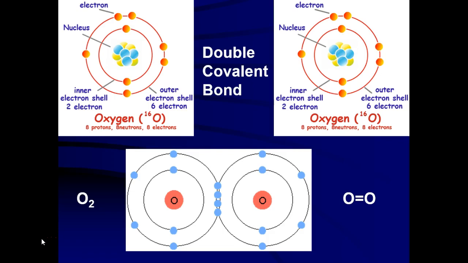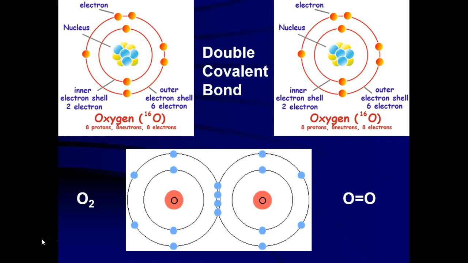And if you look, you'll notice it has 2 electrons in the first shell. All right, that one's filled. But it only has 6 in the valence shell. It would really like to have 2 more. 2 more would make it like a noble gas and fulfill the octet rule. So, it really needs 2 more.